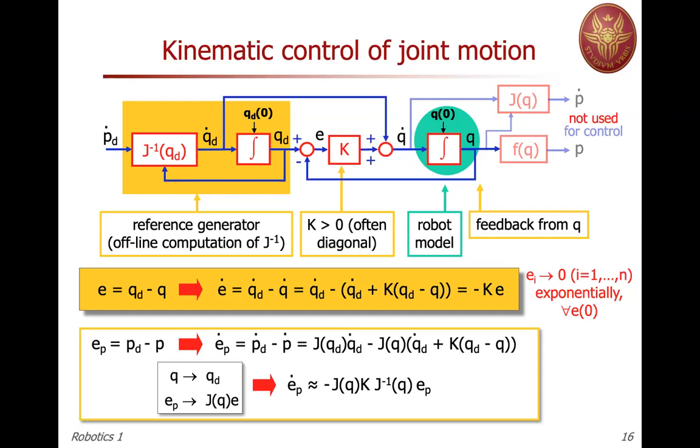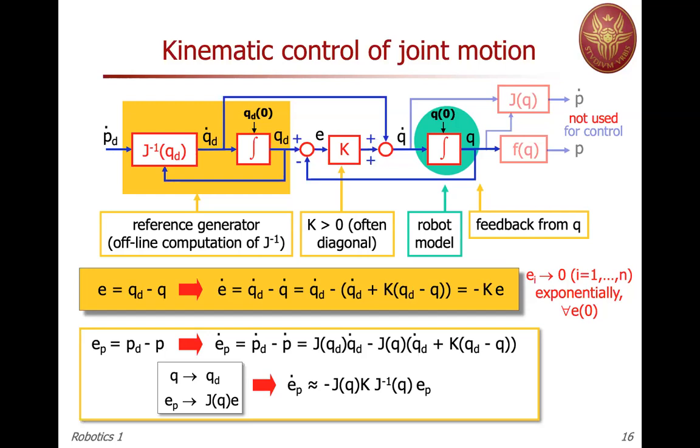So vice versa, in the presence of invertibility, P_d dot will be J of q desired times q_d dot. While P dot, if you look at the block diagram, will be J of q times the commanded q dot, which is q dot desired plus K times the error in the joint space.